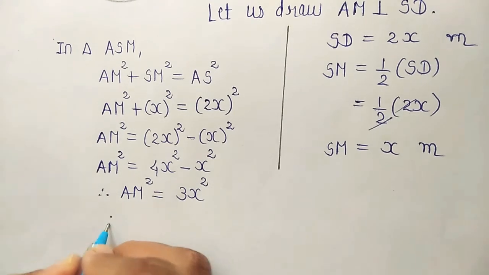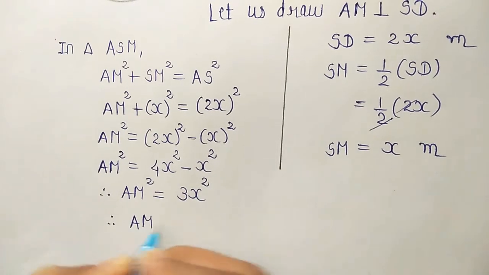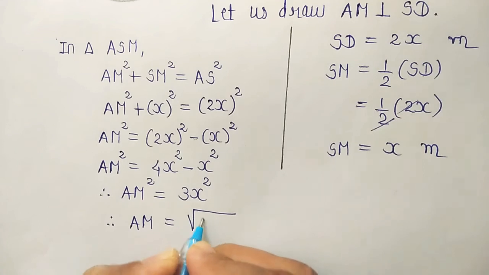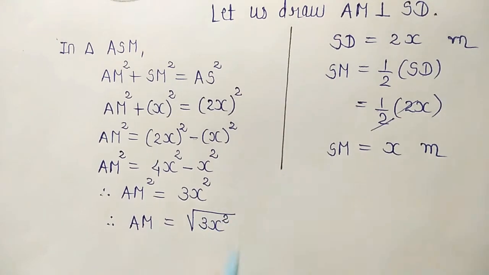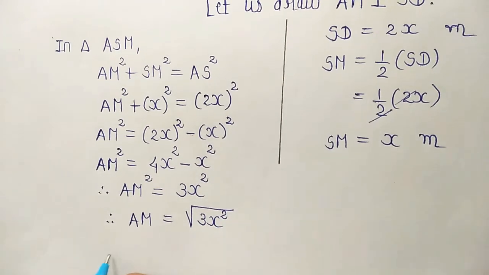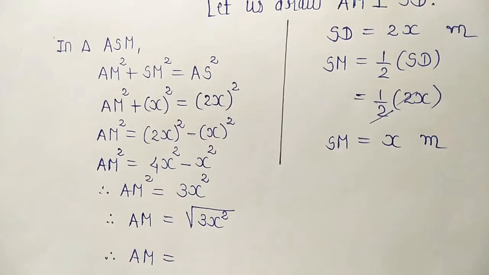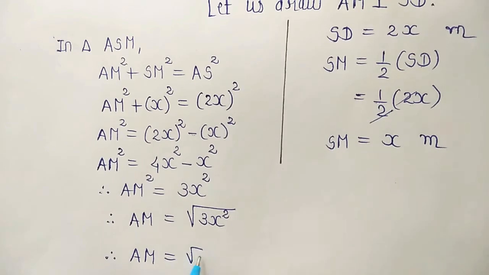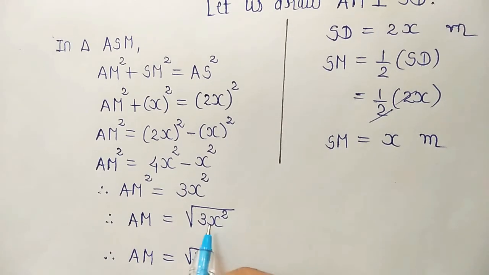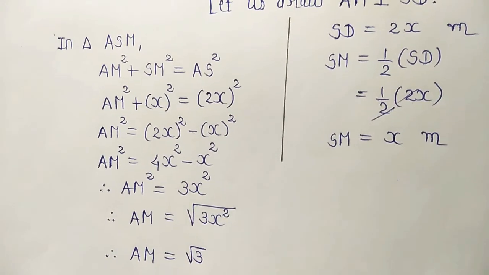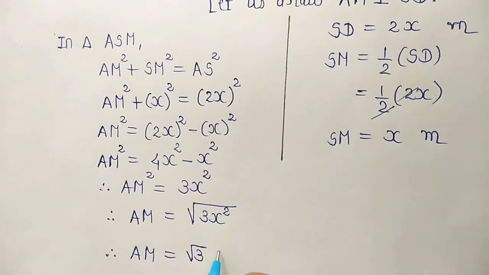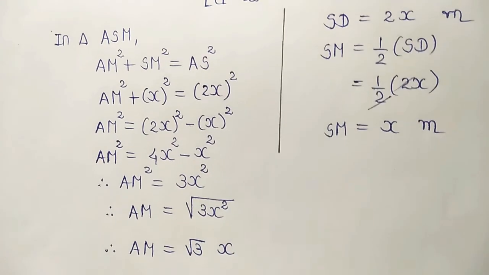Now we want AM. AM will be the square root of 3x square. Therefore, AM is equal to square root 3, and the square root of x square is, I am sure you all know, x.